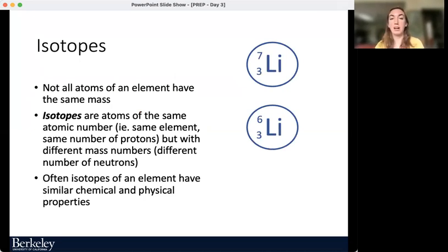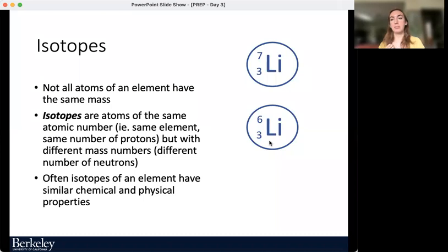So we talked about lithium-7 before, which is lithium with 3 protons and 4 neutrons. But we can have an atom of lithium that has 3 neutrons, and so that's lithium-6.